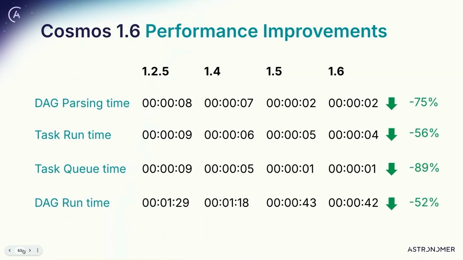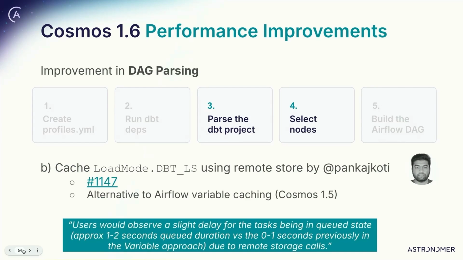So this is an overall summary of the journey, of how the performance has increased. This compares dbt-LS and then profile mapping. The next is caching the dbt-LS output using a remote store. In 1.5, we did introduce this caching via Airflow metadata variables. So every time your DAG is getting parsed, it will cache in the variables.